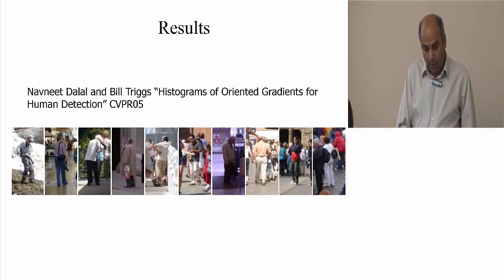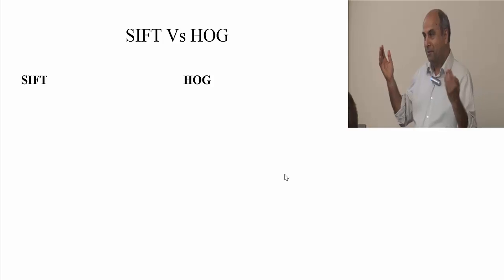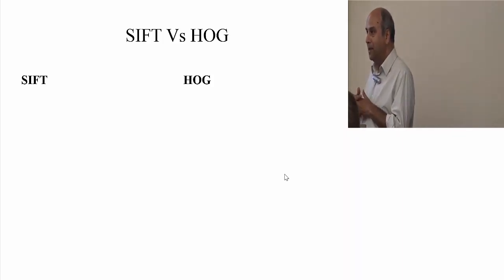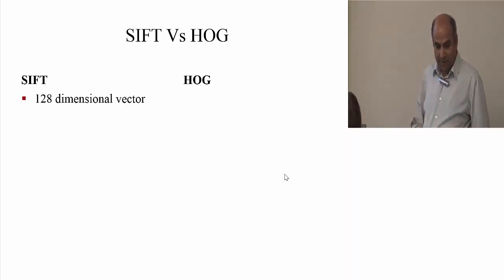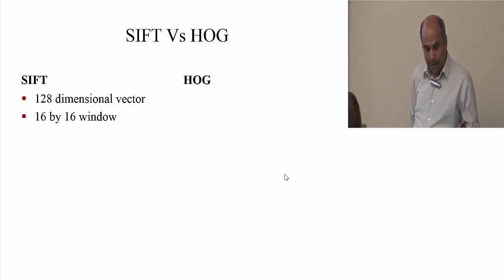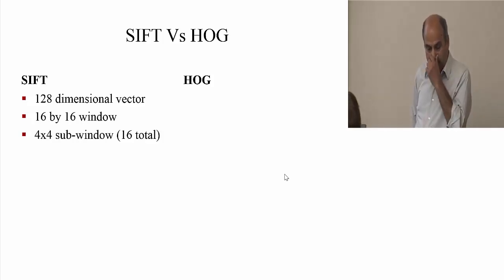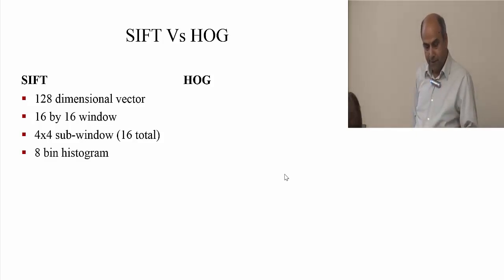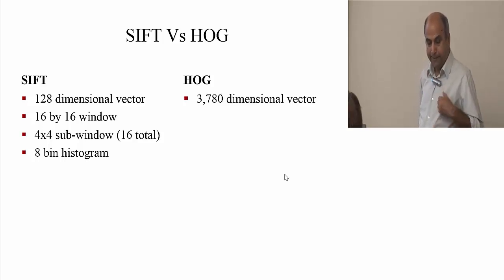Okay, so that's it. Comparison between the SIFT descriptor and HOG. SIFT is a 128-dimensional feature vector. It looks at a 16 by 16 window, which is divided 4 by 4 into a total of 16 sub-windows, and each one has an 8-bin histogram.